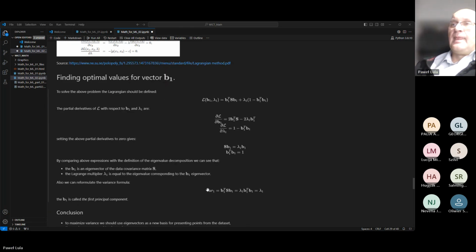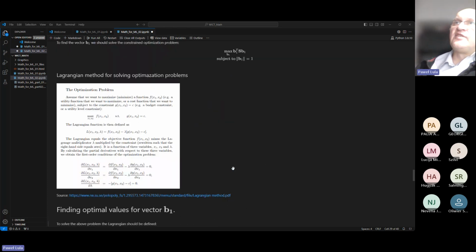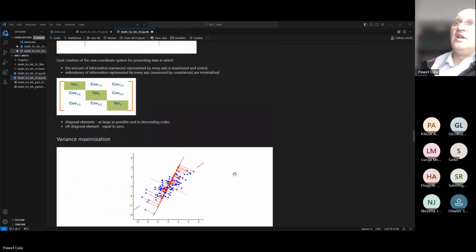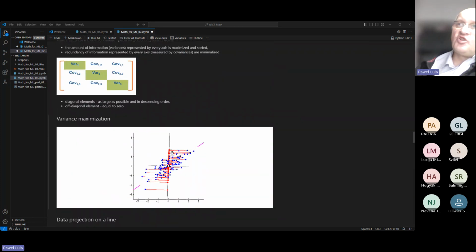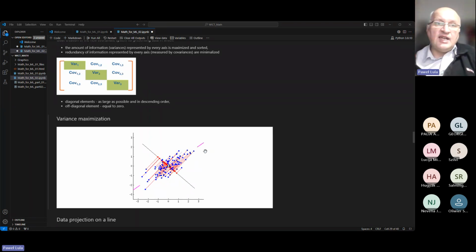So we see that the position of this first axis should be the same as the direction of the eigenvector of the variance-covariance matrix calculated for our data. And it is the solution, and it is the idea of principal component analysis.